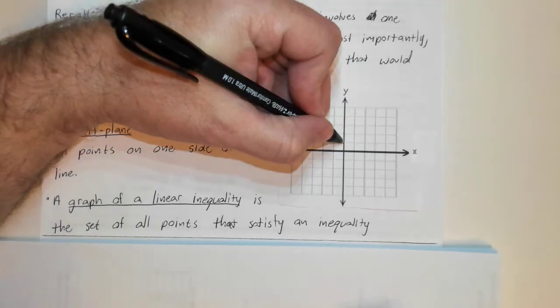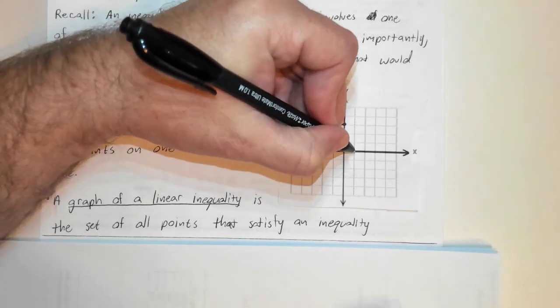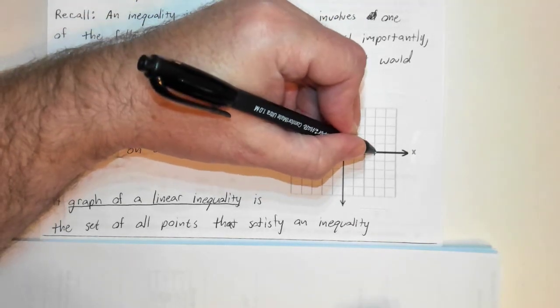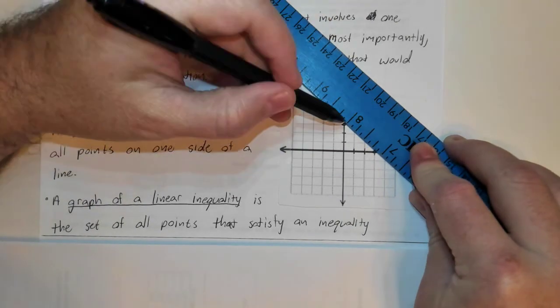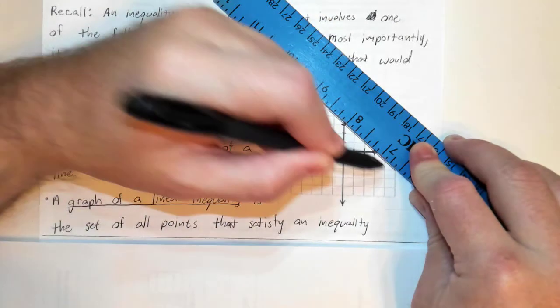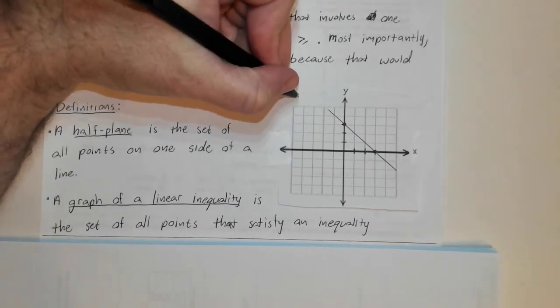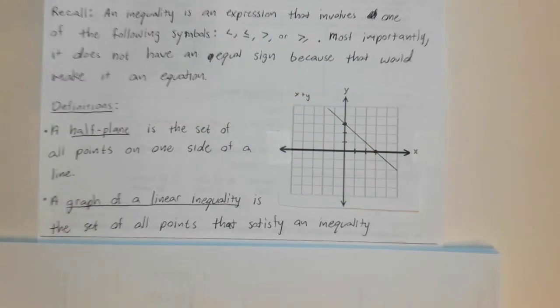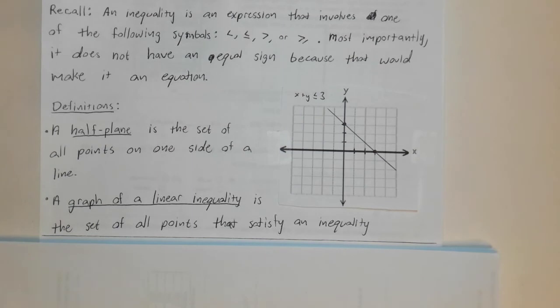I'm not going to derive how I found it. Let me just draw a line. This is the line x plus y equals 3, but instead of equals 3, I'm going to say less than or equal to 3, so I'm introducing you to an inequality. My intercepts here, if it was an equation, would be 3 and 3.